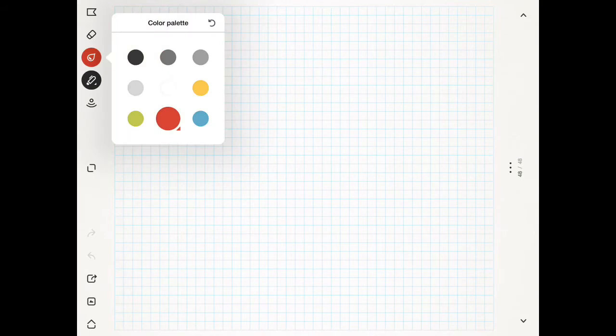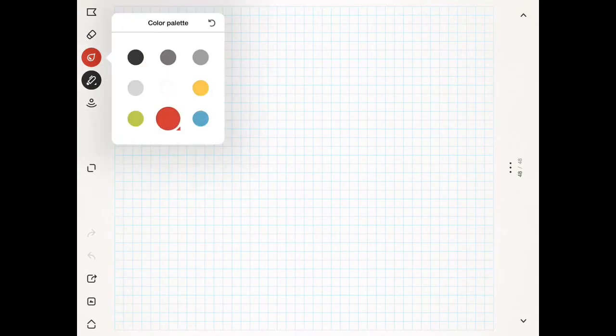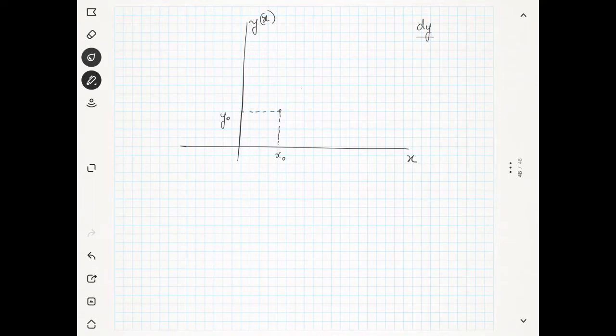So in the modified Euler's method, let us consider the same problem. Let us consider we have the x-axis and this is the y-axis, y of x, and we have the initial value x naught and y naught, and the differential equation is also given, which is dy by dx equals f of x and y.